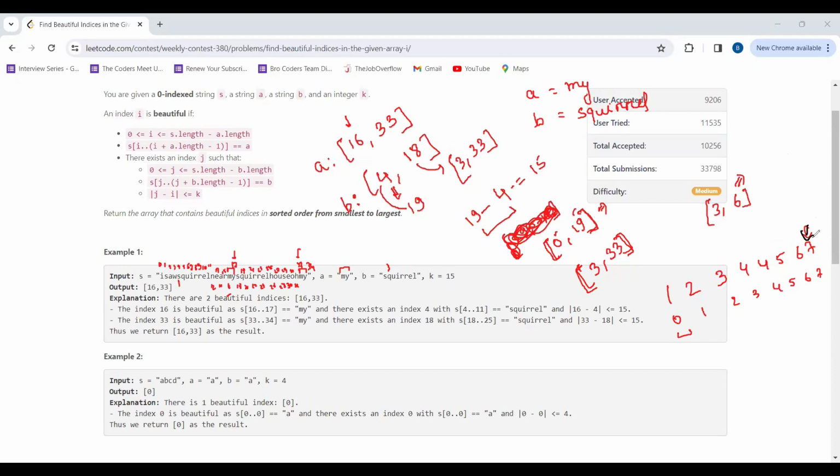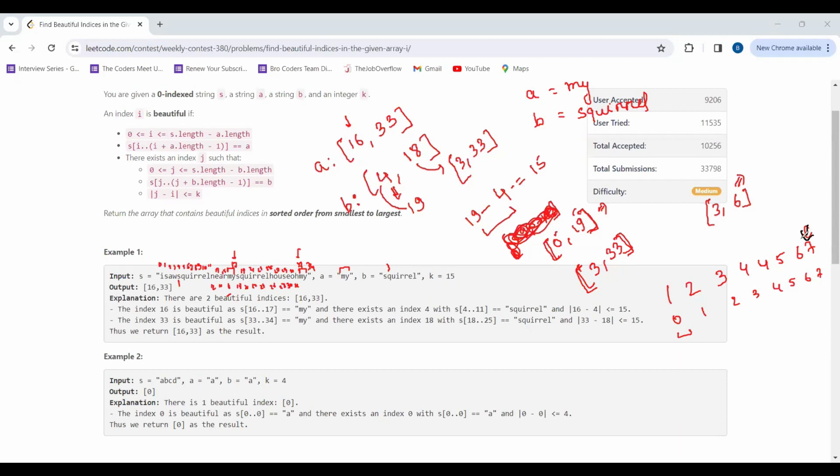lower bound on 3. So lower bound on 3 means what? The first element which is not less than 3. Here, not less than 3 means that it can be equal to 3 also. If 3 is present, then 3 can be there. If 3 is not present, then we'll look for the first element which is not less than 3. So if not 3, then we will look for 4.